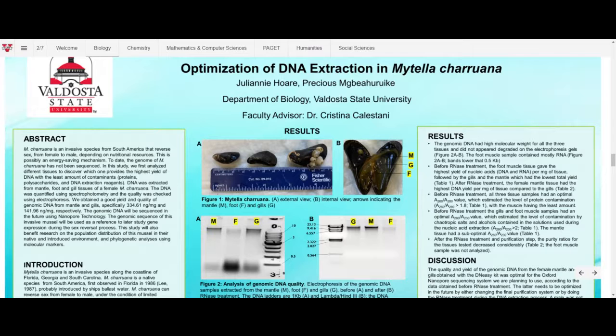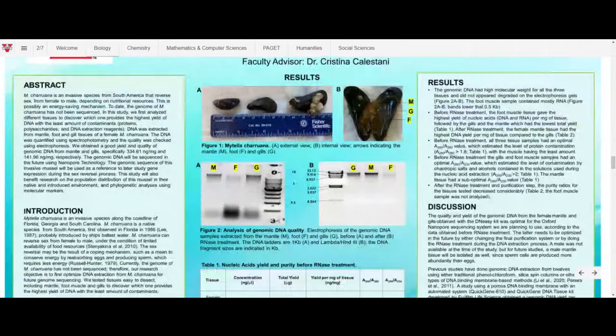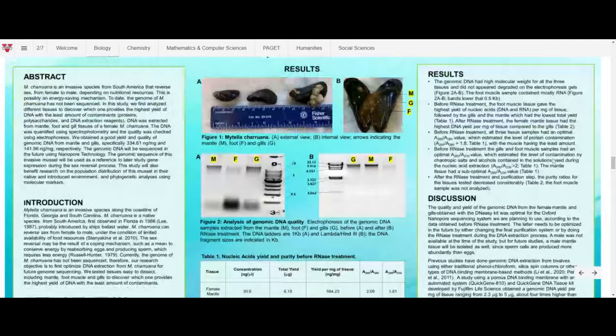But yeah, our presentation or poster is on the invasive species Mitella caruana, which is native to South America. This project was mainly to get DNA extractions from the tissues of the mantle, foot, and gills of a female Mitella caruana, because we didn't have males at the time.